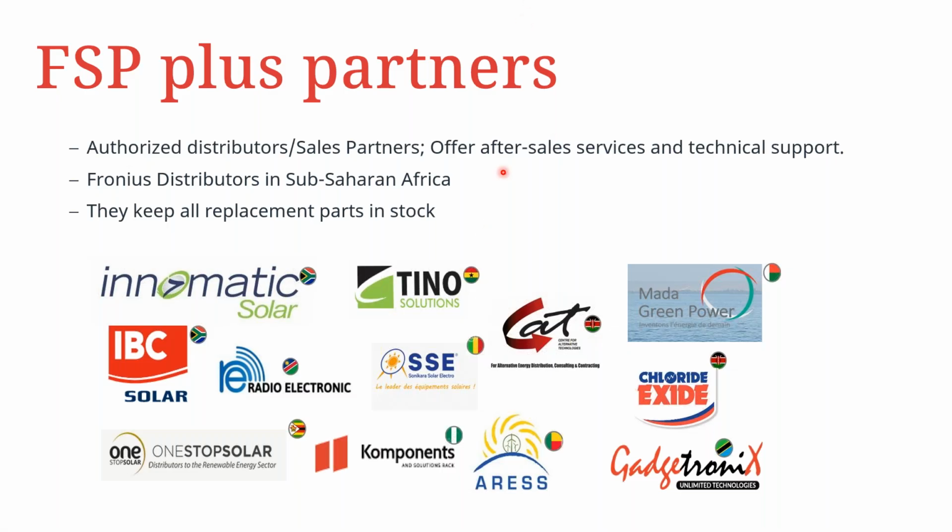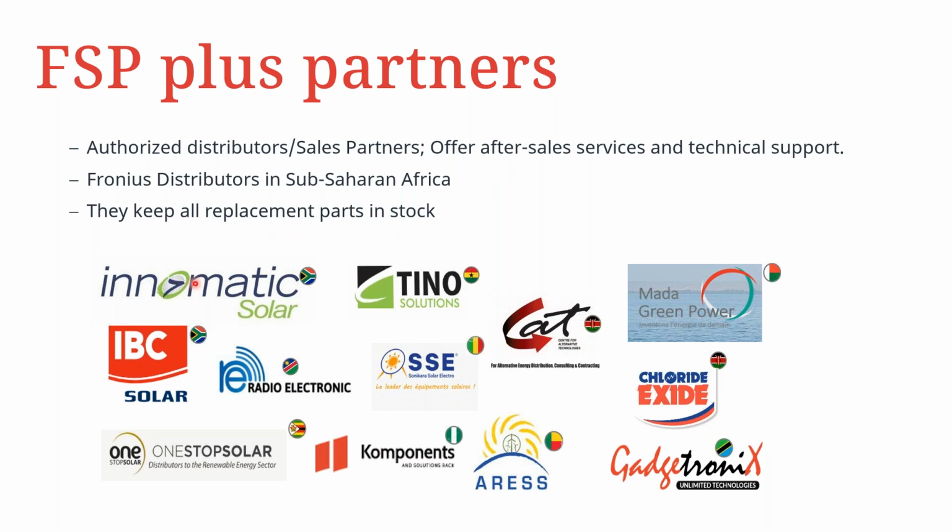Before we come to the end of the webinar today, I would like to give you some further information. Where can you get Fronius products and spare parts? All Fronius products and spare parts are offered through our distribution channels or our sales partners, as we refer to them. For Sub-Saharan Africa, we have quite a number of sales partners.